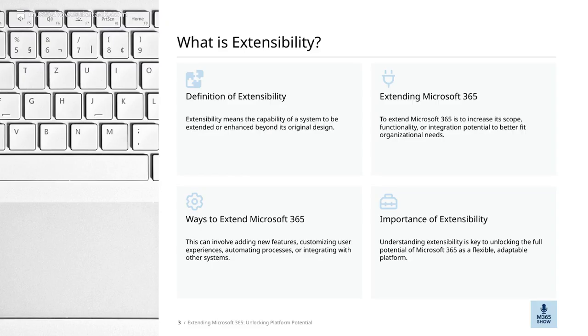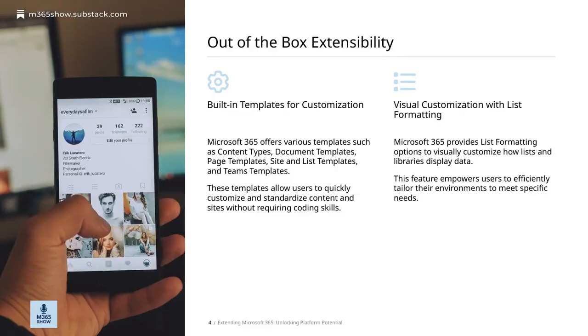And at its core, extensibility is about the system's ability to be enhanced beyond what it was originally designed for. It's this flexibility that makes Microsoft 365 such a powerful platform, allowing us to customize and expand it to fit our unique organizational needs.